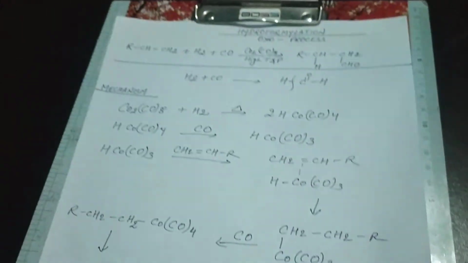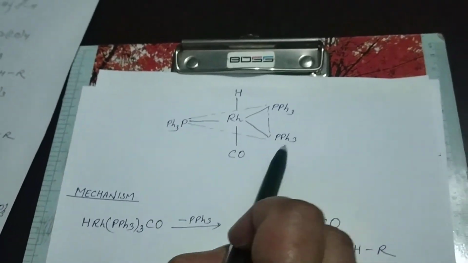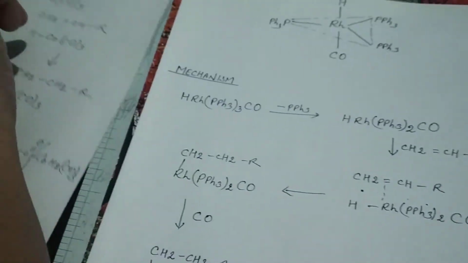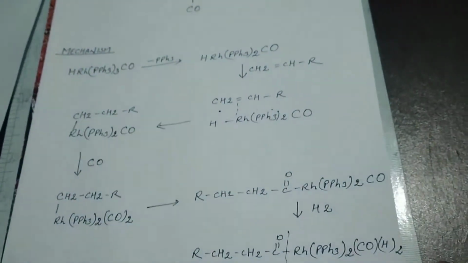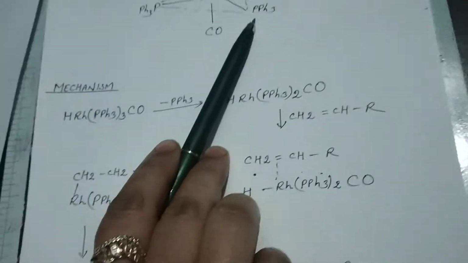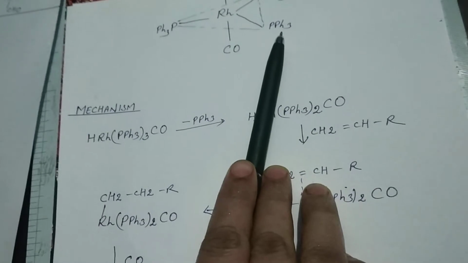So another catalyst, that is RhH(PPh3)3(CO), has been introduced, which is a better catalyst than this one, because it increases the selectivity of the reaction due to the presence of these bulky triphenylphosphine molecules.